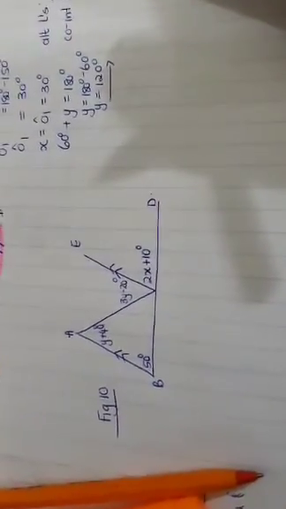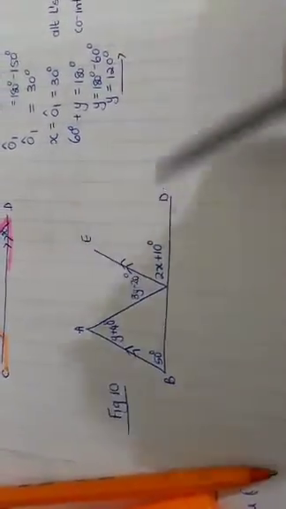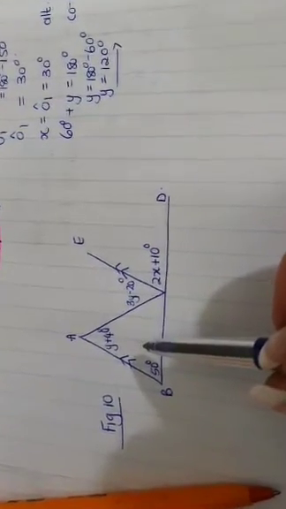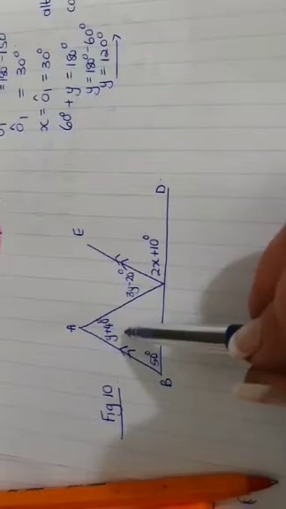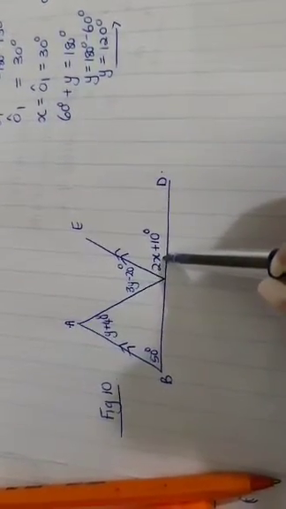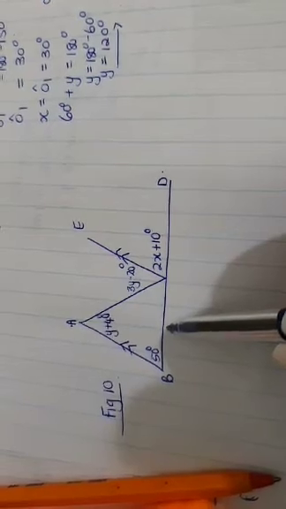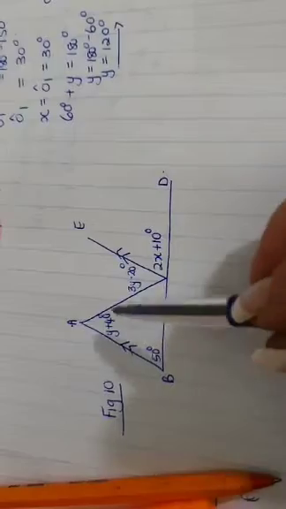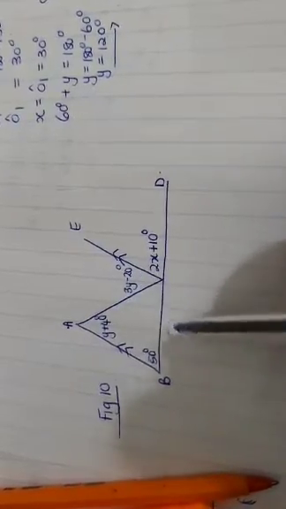If you look at figure 10 now, you will notice that I've got y plus 40, 3y minus 20, 2x plus 10 and 50. So now we have more than just values. That means you're going to have to be very careful when you make your equations.